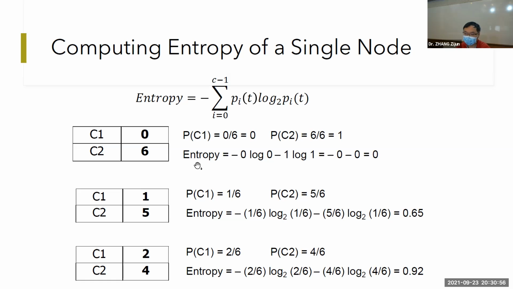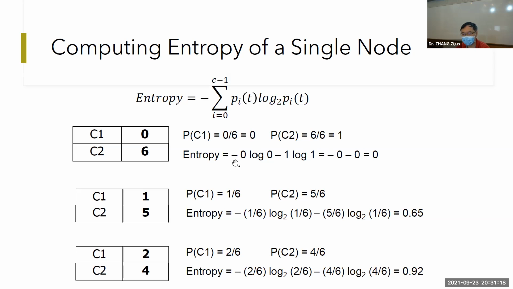Again, we need to first compute the frequency or the proportion. So for this CAP matrix, we will find out the frequency P of class 1 is equal to 0 over 6, that's 0. And the P of class 2, which is 6 over 6, which is equal to 1.